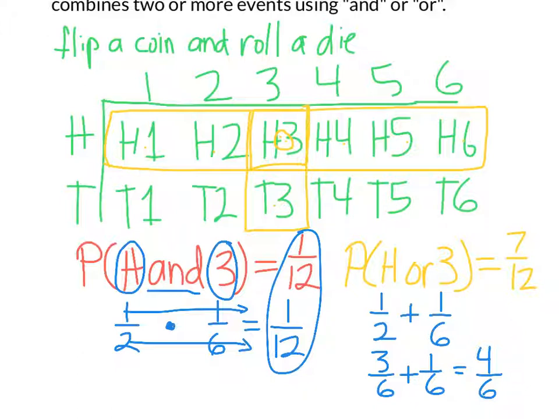But you have to remember that we have this one overlap, and so we have to subtract out that one overlap. Now that one overlap is 1 out of the 12 possibilities, so we need to subtract out 1/12, and you can see that 4/6 equals 8/12. So we're really doing 8/12 minus 1/12, which of course gives us our 7/12.